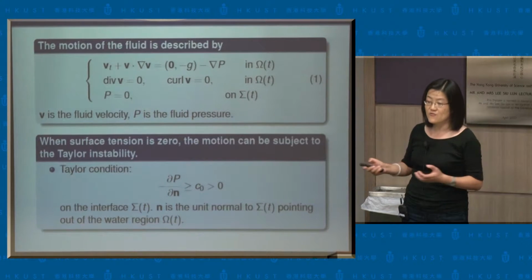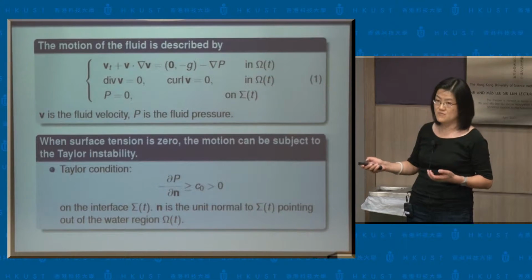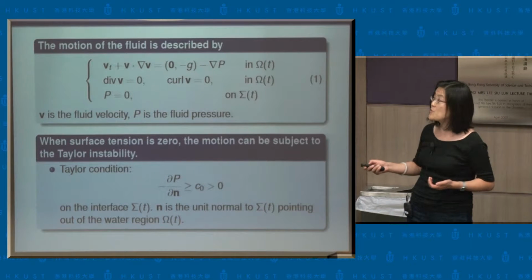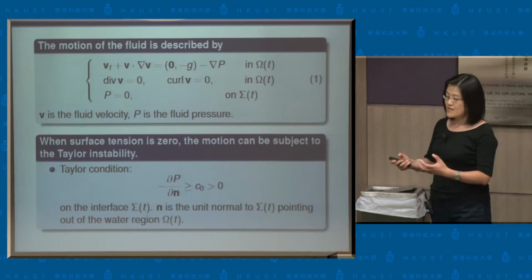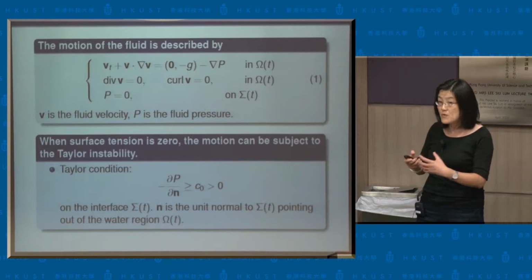But if a hole forms inside, the topology changes and we have to reset the problem, or the problem becomes ill-posed. So this condition basically says that no bubble forms.